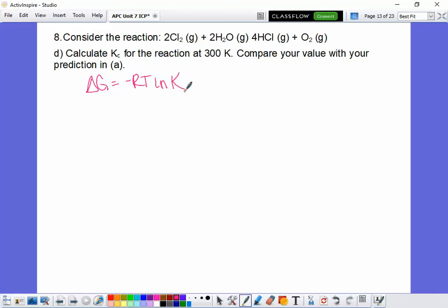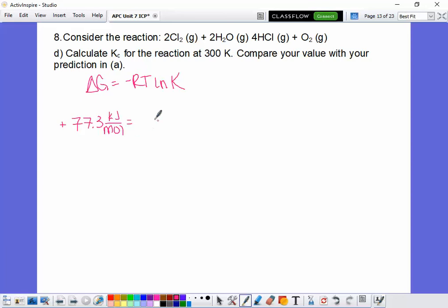What delta G value are we going to use? The 77.3 value. And that is kilojoules per mole. So what do we need to make sure R is in? But that's joules. So we need to convert it to kilojoules is what I'm getting at.